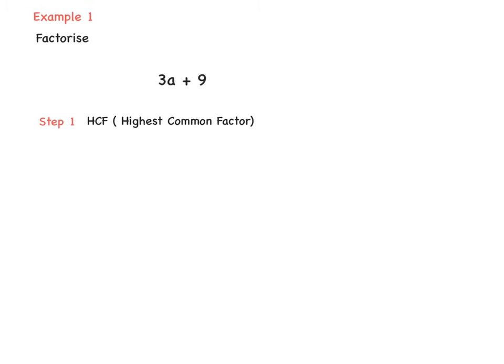We have two terms here, and we need to find a common factor. We have 3a, which is 3 multiplied by a, and we have 9, which is 3 multiplied by 3.